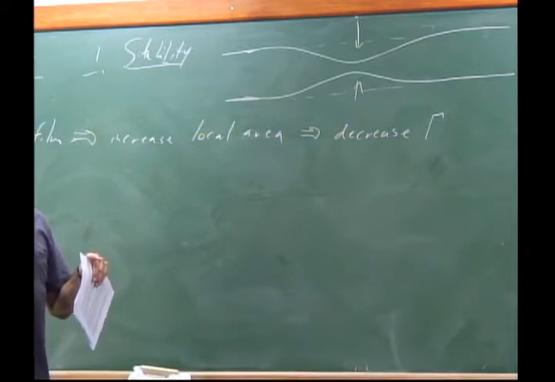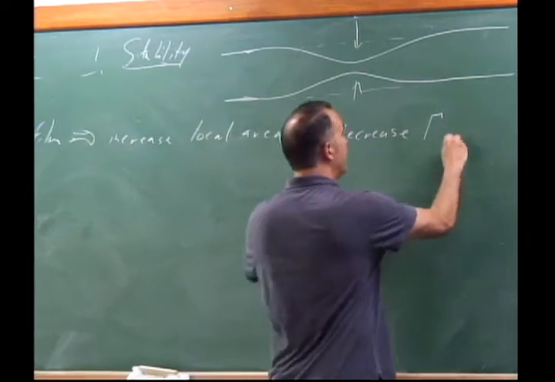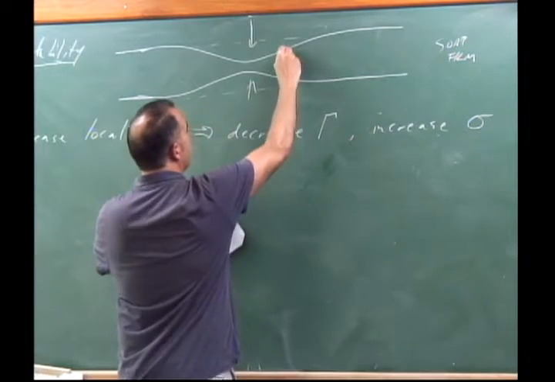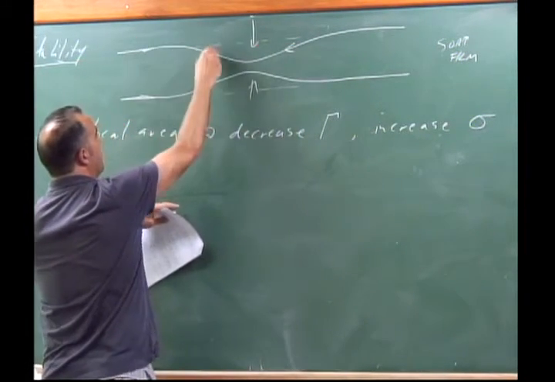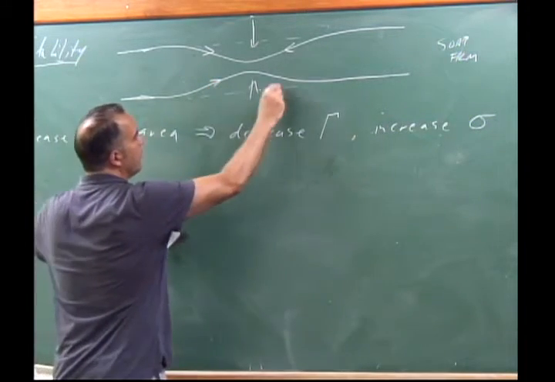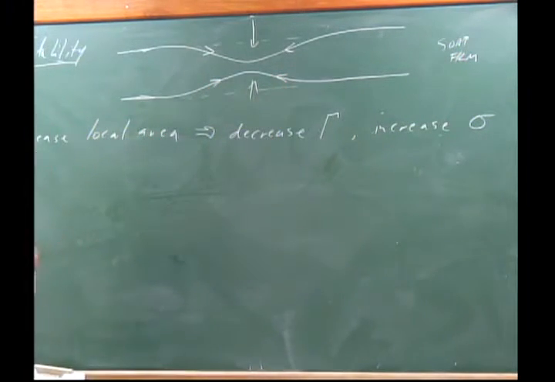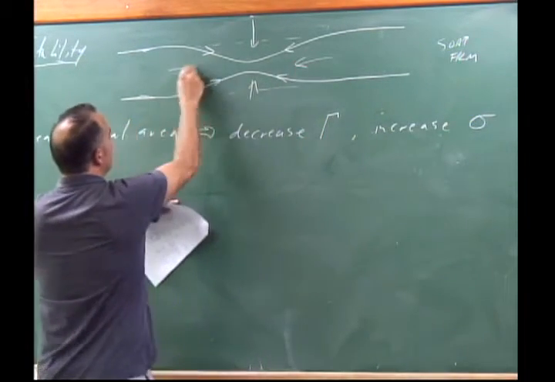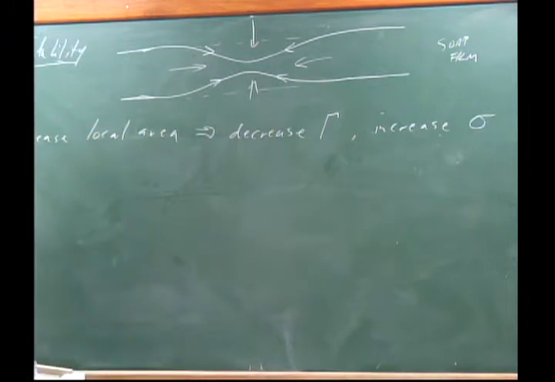You decrease the local surfactant concentration, you increase the surface tension. You increase the surface tension relative to that out here, and you get a Marangoni stress which fills in this hole. Okay? So you generate a flow which resists the pinching.